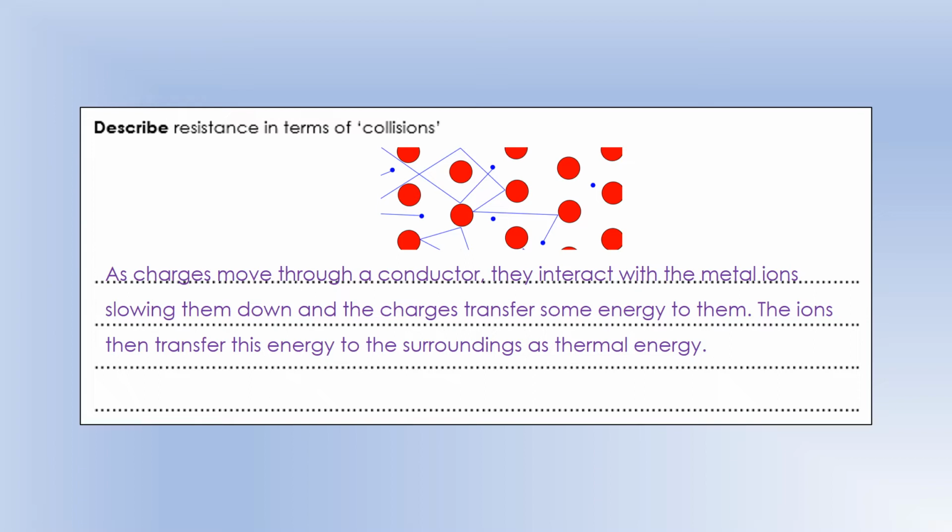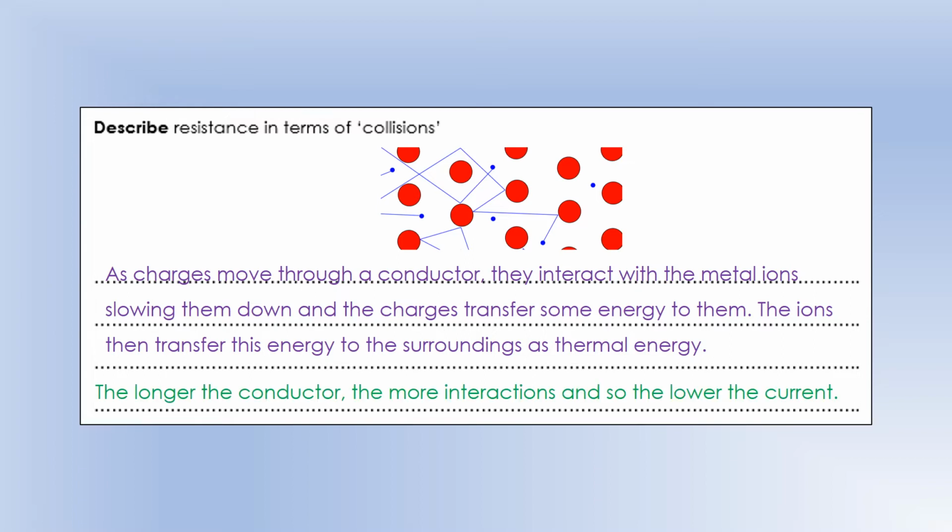As the electrons interact with these metal ions, the metal ions will have the effect of slowing the progress of the free electrons, and the free electrons will transfer some energy to the metal ions. Having obtained this energy, in the form of kinetic energy, they'll be vibrating. The ions will then transfer this energy to the surroundings as thermal energy. So resistance produces heat, essentially.